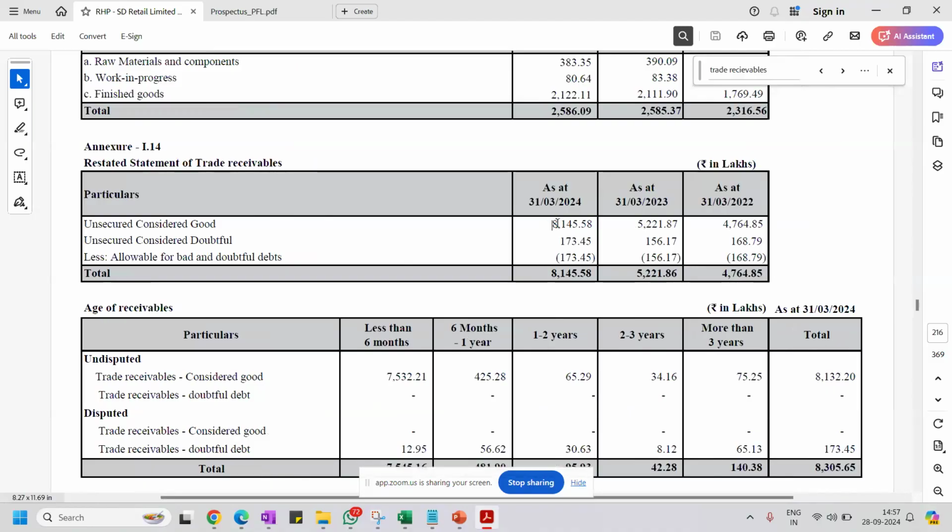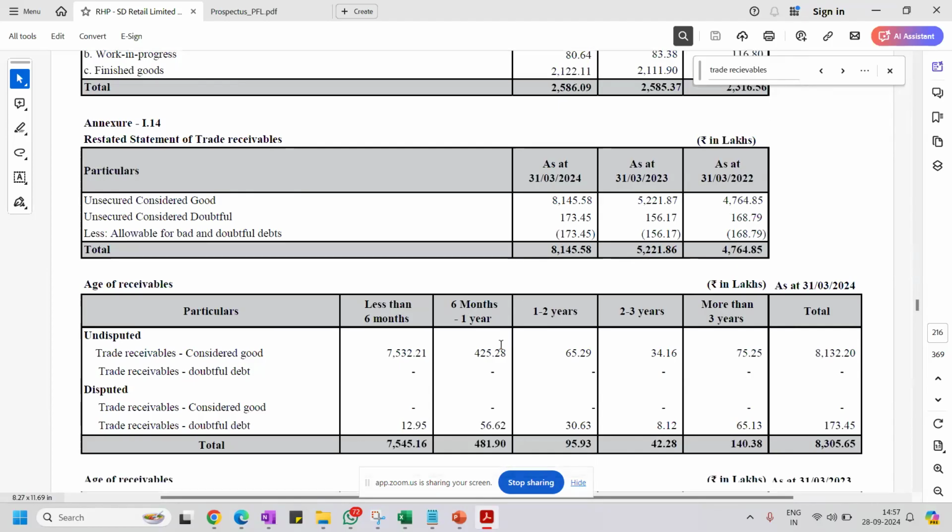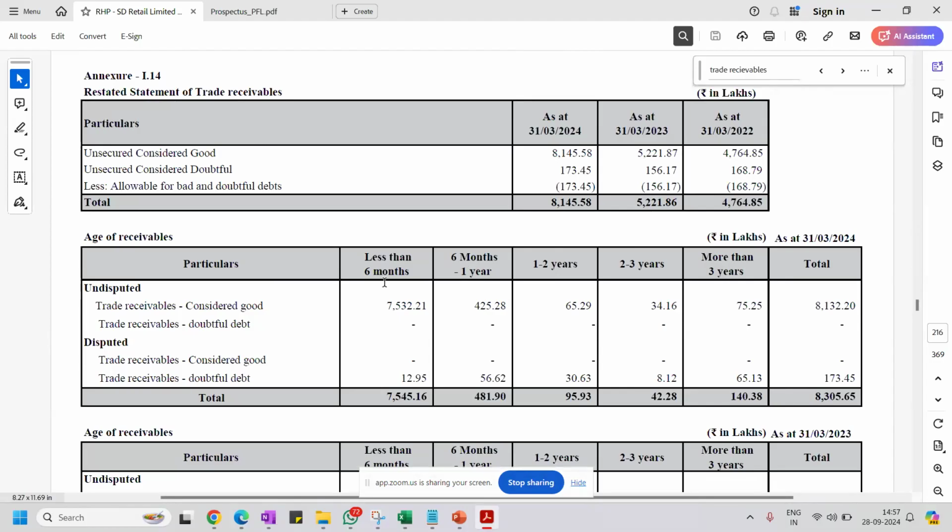So out of 81 crore trade receivable, they considered 81.45 as good, but they considered around 1.7 crore of trade receivable as doubtful. So they will be carrying this in the books till they write it off. And we can see how much aging there is in this particular trade receivable.